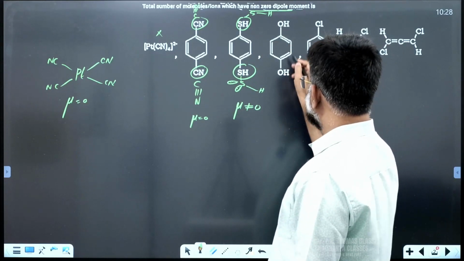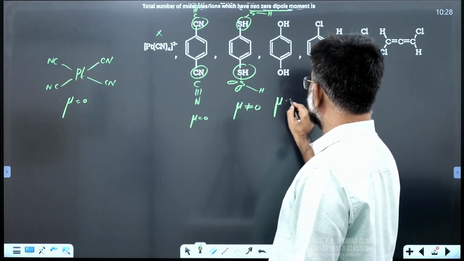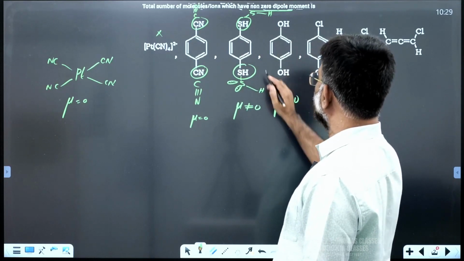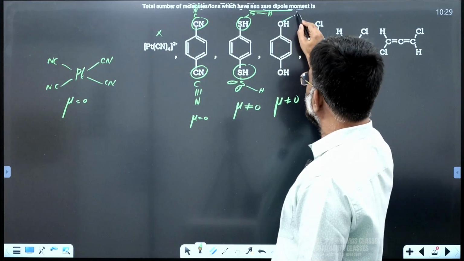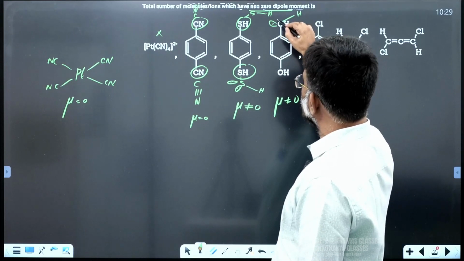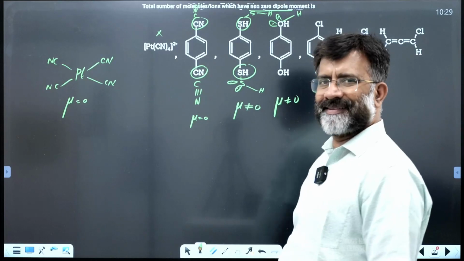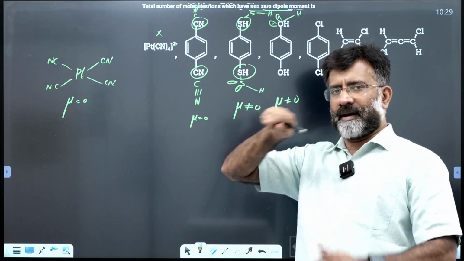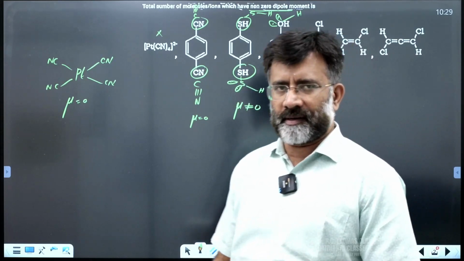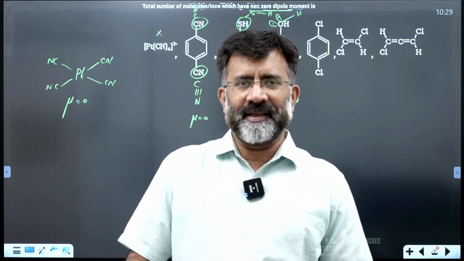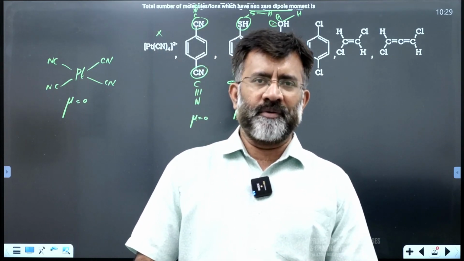Phenol, of course, and quinol, that also has a dipole moment that is not 0. You can see this OH will be coming like this, OH like that. It will carry a bend character. The lone pair of electrons in oxygen makes the system have a reasonably good dipole moment.